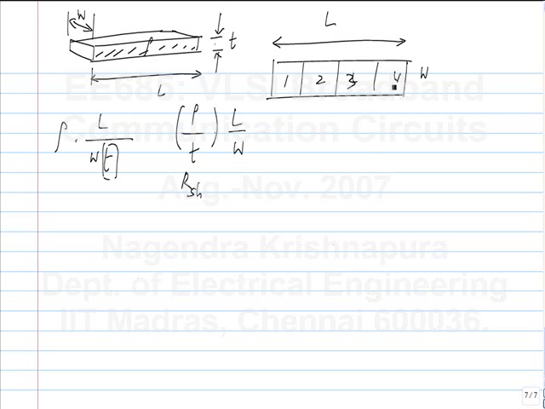So the sheet resistance is given in ohms per square. It's a convenient way to specify the resistance, and also it has nice symmetry with the resistance of the MOSFET, which also has an L by W dependence. Everything has an L by W type of dependence when it comes to resistance.